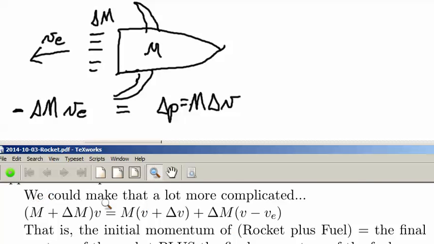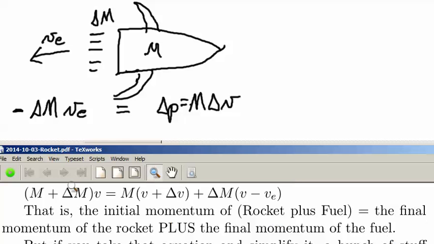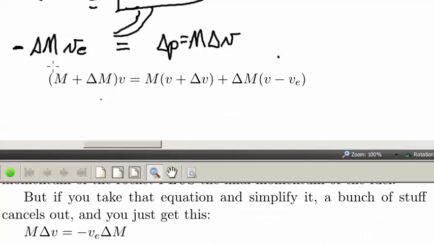Now I could make that a lot more complicated with the initial momentum of the rocket plus the fuel over here is equal to the final momentum of the rocket plus the final momentum of the fuel. But if you did take this equation and simplify it, a bunch of stuff cancels out and you just get this. I'll show you.